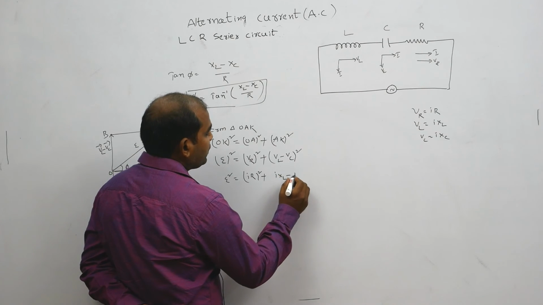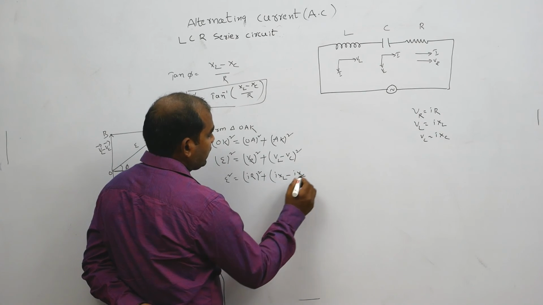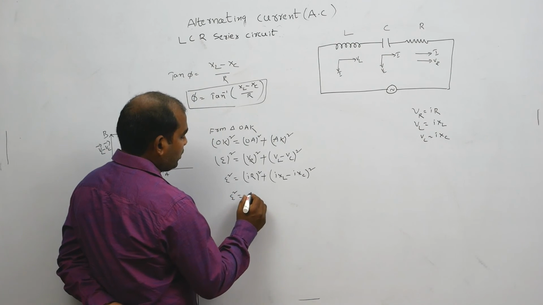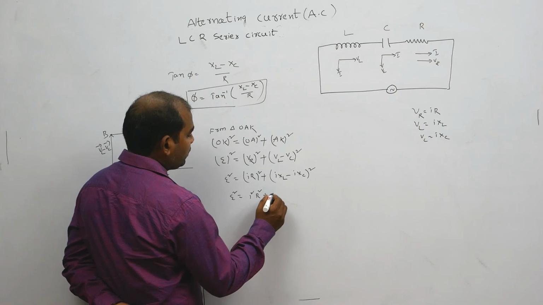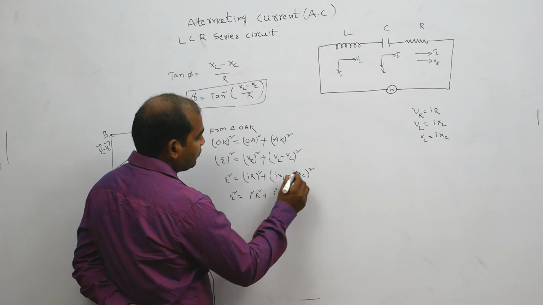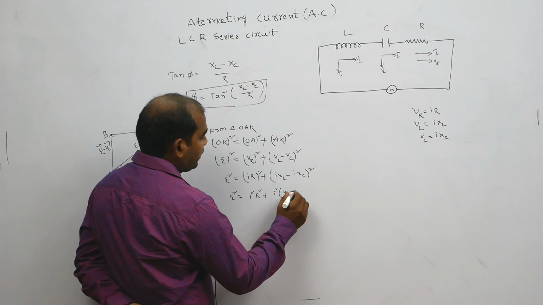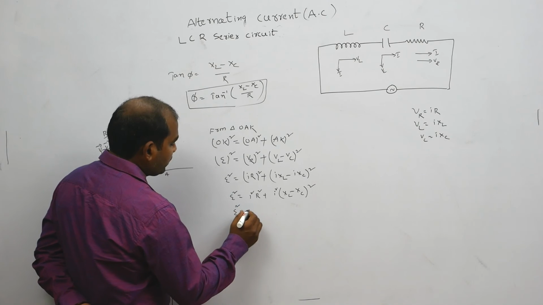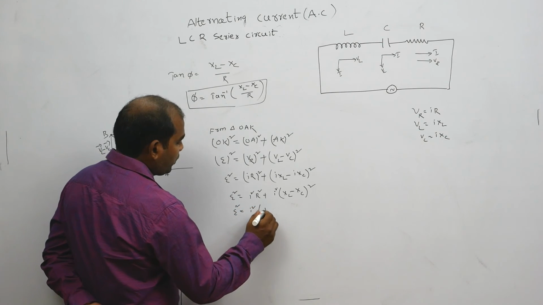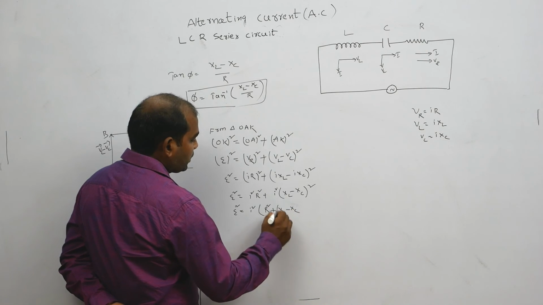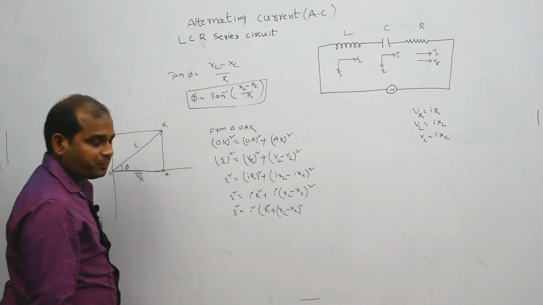In the place of VC, I XC whole square. Then E square is equal to I square R square plus I square, taking I common from these two terms, that is XL minus XC whole square. Then E square is equal to I square into R square plus XL minus XC whole square.